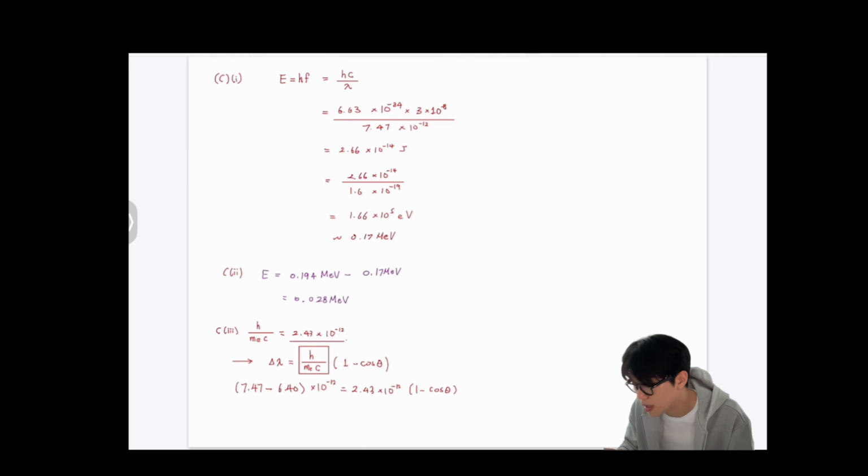So that's all numbers now. You just have to rearrange them, and if you calculate, cosine theta is equal to 0.5596 and so on. Now we apply arc cosine, which gives 55.67. So it's about 56 degrees.